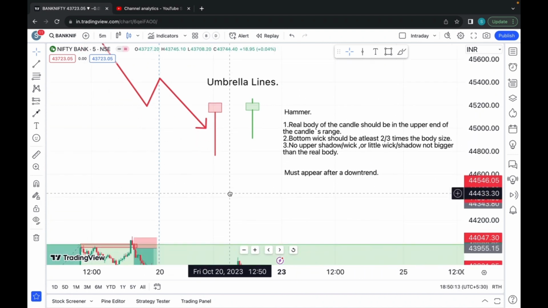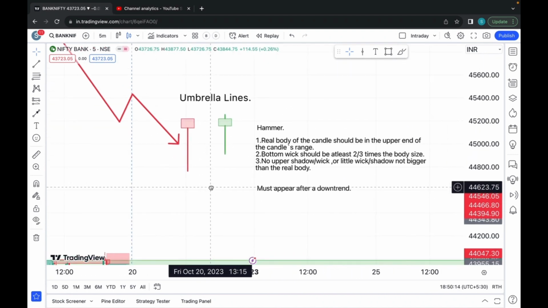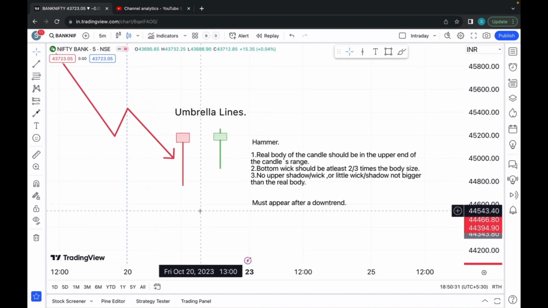Okay, this is a very, very important candle formation because of the frequency with which it occurs in your daily trading. It's not like you learn this in this video and then never see it.